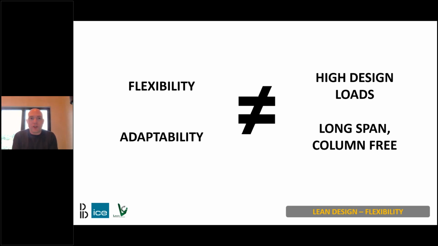In commercial buildings it's about considering a well-placed and regular grid, tying it up with the ceiling grid, with your mullions within your curtain wall zone as well, and also looking at different tenancy splits within that floor plate, making sure you could accommodate those different tenancy splits within your current design. So it's not about creating big, long span column-free spaces, it's about well-placed columns. And again, as I mentioned before, it's not about high design loads either, because high design loads will just add cost to the project, and they don't really add to the flexibility or the adaptability of the building.